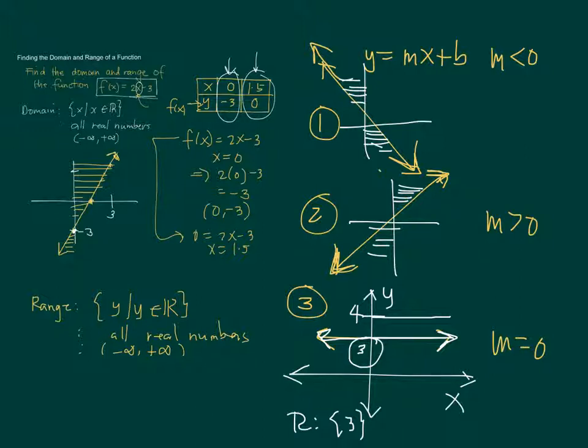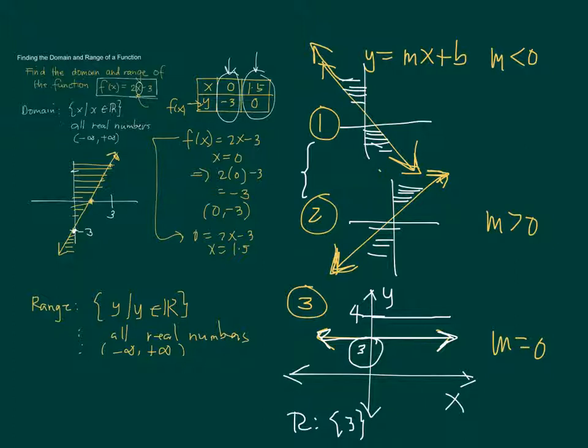So what I'm trying to say here is that if you are given any linear function, if it is either case 1 or case 2, y equals mx plus b, positive or negative slope, the domain is all the real numbers and the range is also all real numbers.